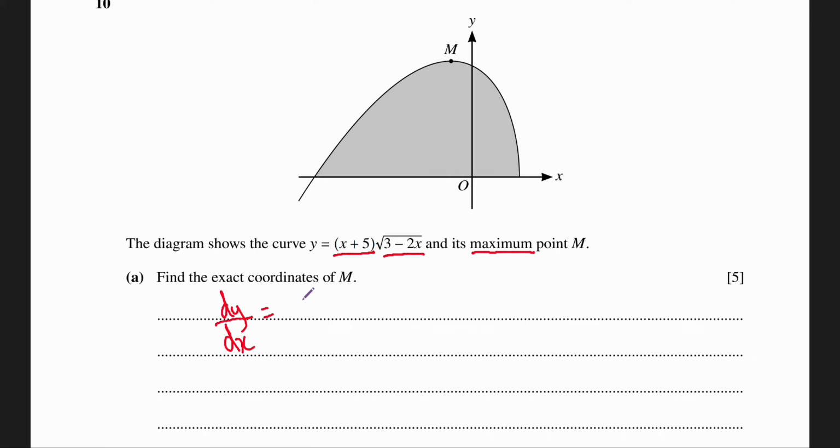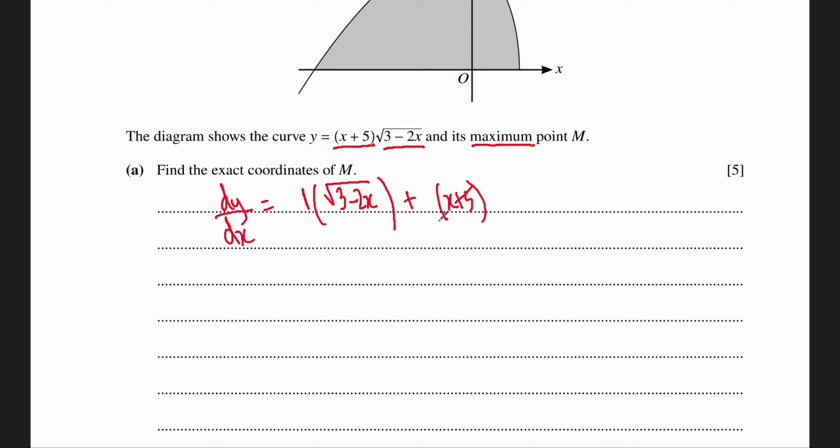That's just 1. And you multiply that by the original square root 3 minus 2x. By the way, if this does not make sense, then you should watch the video on the product rule, because this is the product rule we're using here. So you have that plus, and then you leave x plus 5 on its own. And then the derivative of square root 3 minus 2x with respect to x. Let's do that over here. So you have 3 minus 2x, I'll write it like to the power half.